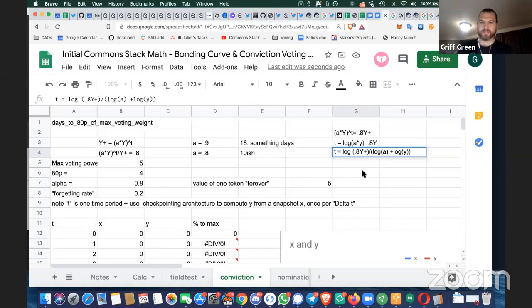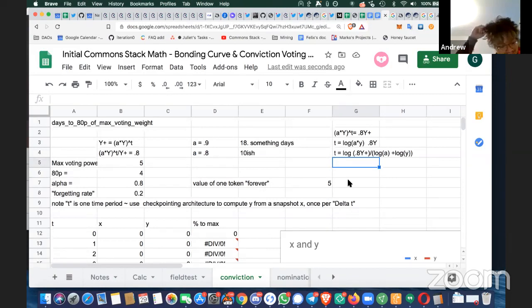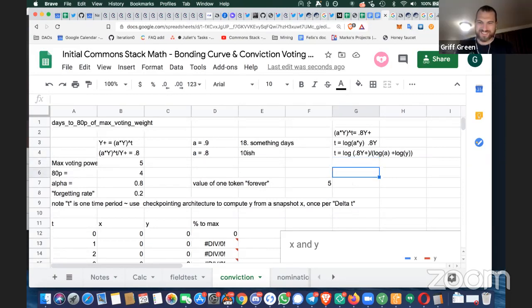So that will equal whatever number of days they say. And then we need to actually solve for alpha. Okay, so maybe we went the wrong way here. We need to solve for alpha.